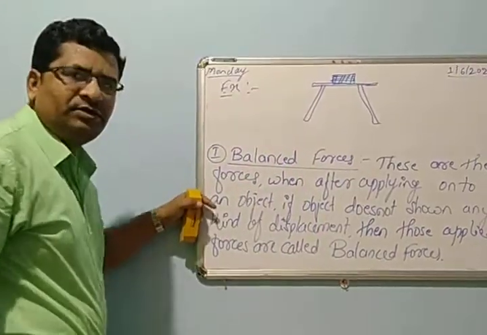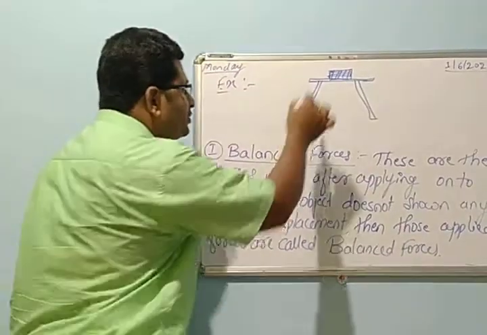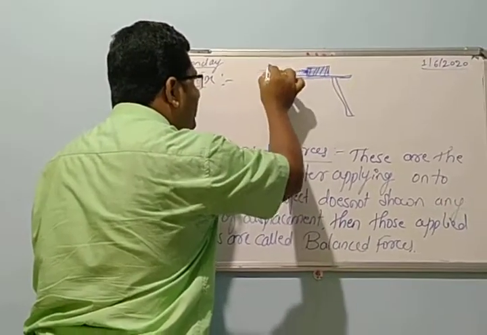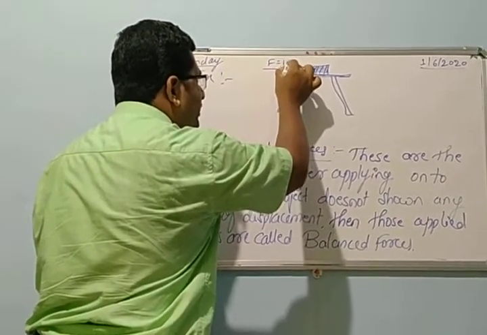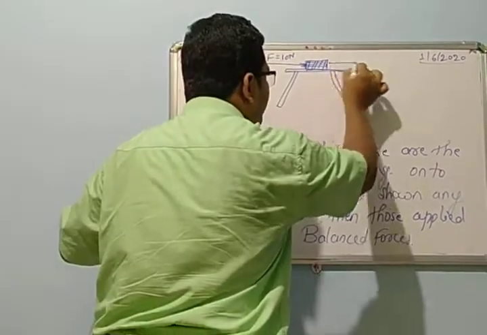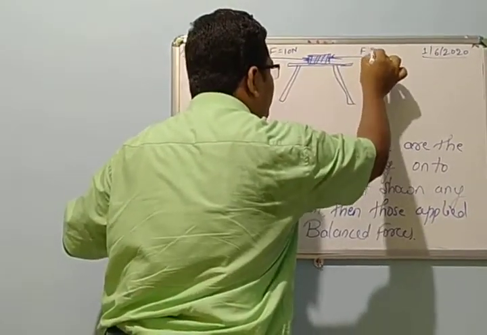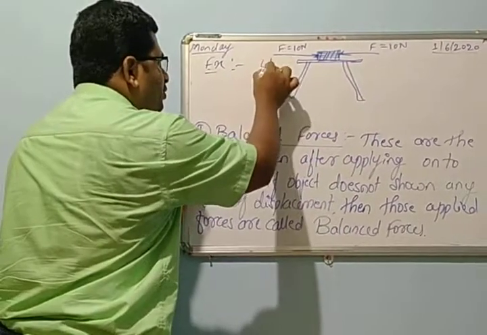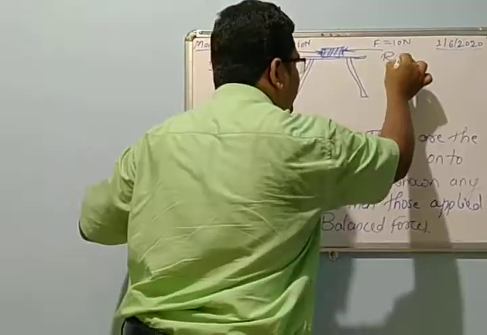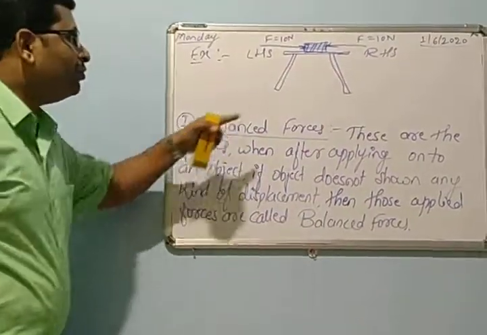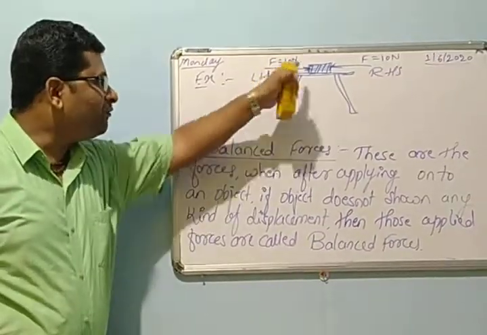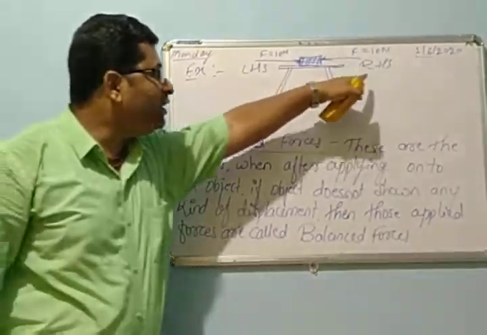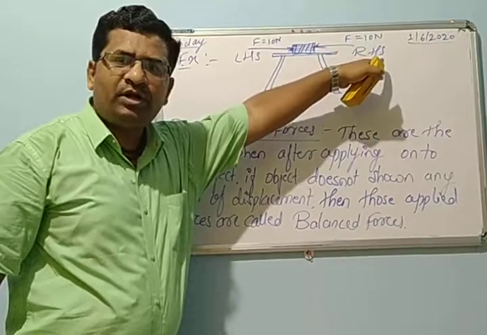Think, students: on this table a wooden block is kept, and the force applied from the left hand side is 10 Newton, and the force applied from the right hand side is 10 Newton. So whatever is applied onto this wooden block from the left hand side is a force of 10 Newton, and from the right hand side a force of 10 Newton is applied.